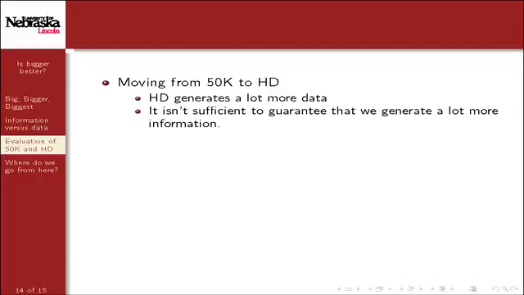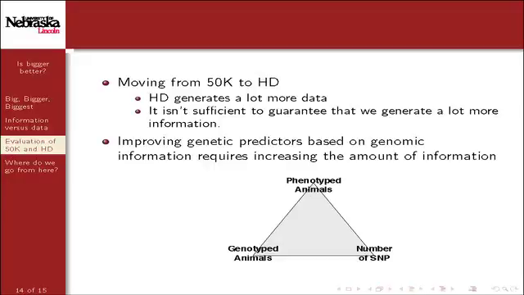If we just say, I'll use a higher density chip, the implication is that I'm automatically going to get a better MBV. That doesn't necessarily follow. And so improving those genetic predictors based on genomic information is going to require increasing the amount of information.